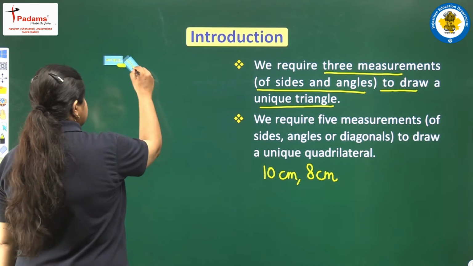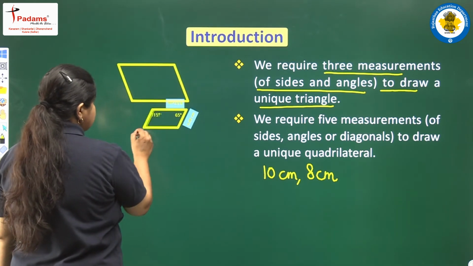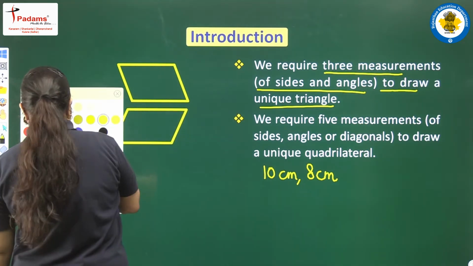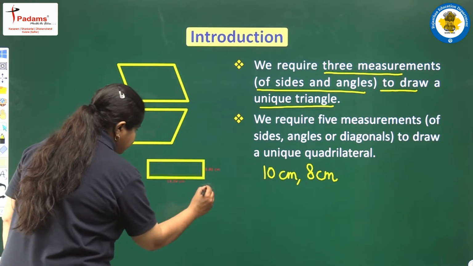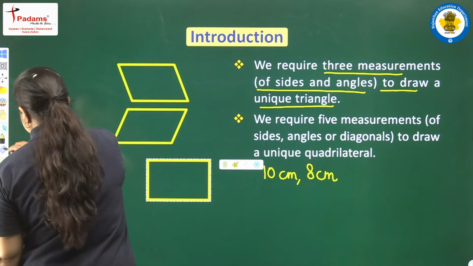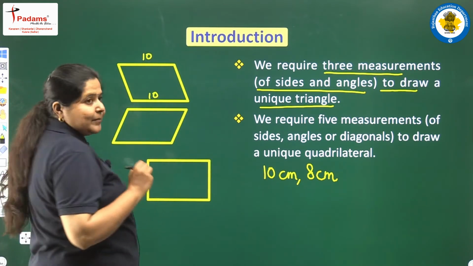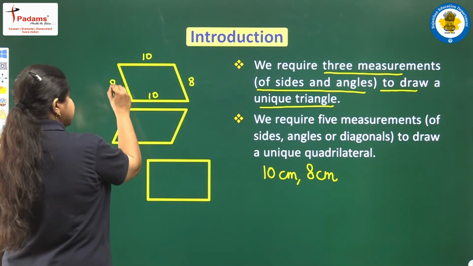This parallelogram can either be of this form, or it can be of this shape, or we may have this parallelogram in this form. In each of these you will see that this pair of opposite sides measures 10 centimeter each and this one measures 8 centimeter.